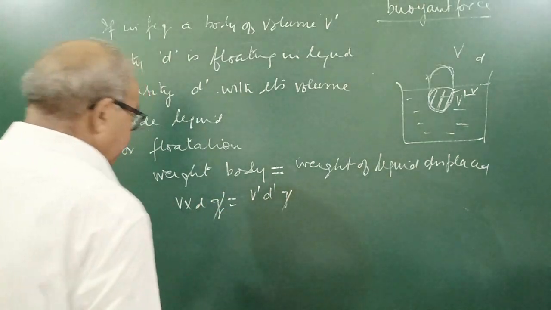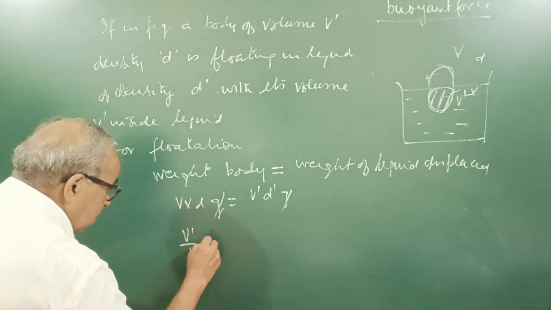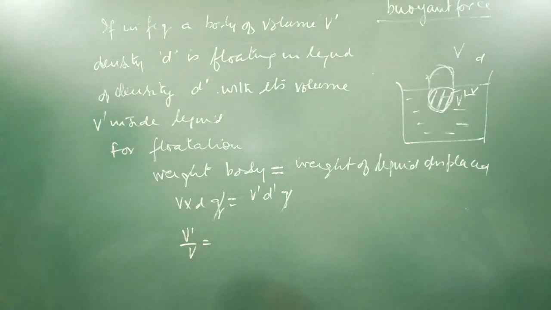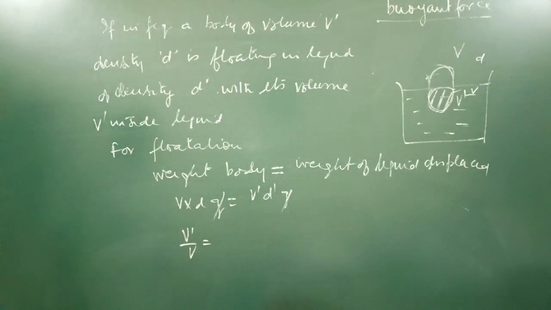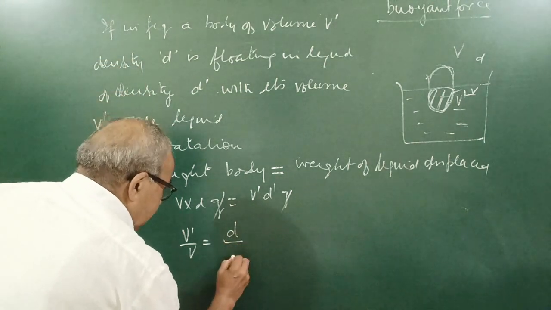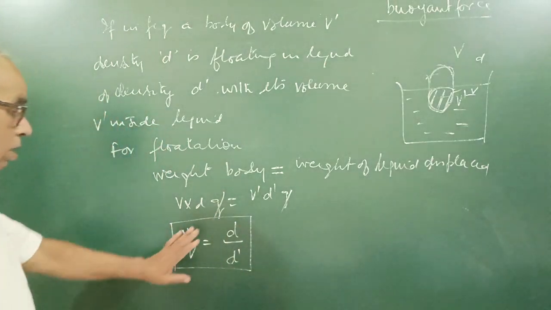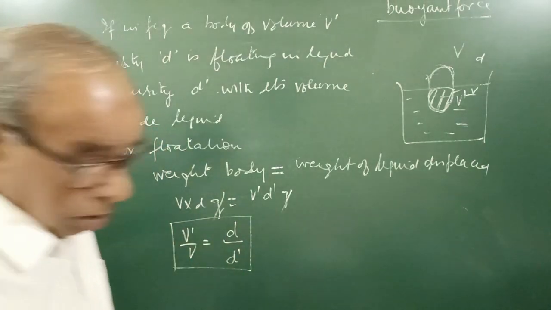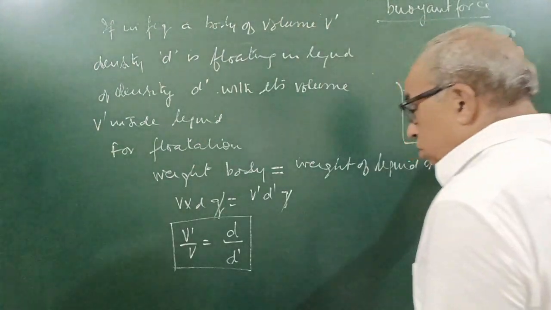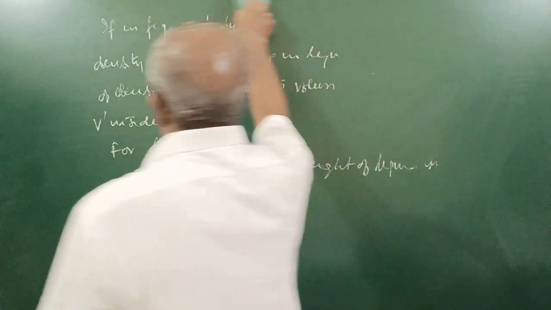G cancels. From here we get V dash upon V is equal to D upon D dash. Remember this: density of body upon density of liquid.